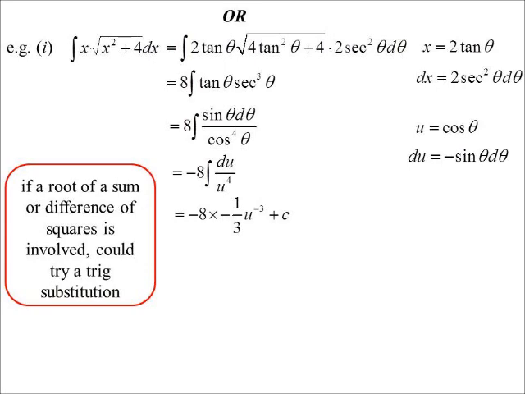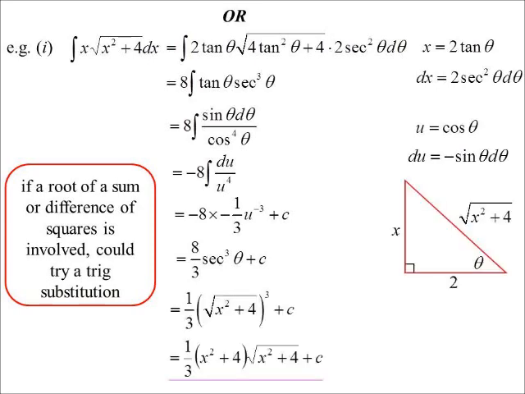I now just have to work my way back and get the x's into it. So substitute in for u. Now substitute in for sec theta. Oh, hang on. x is equal to 2 tan theta. So if I draw myself up a little triangle, tan theta is x on 2. Pythagoras tells me the hypotenuse is the square root of x squared plus 4, which happens to be the original surd, you'll notice.